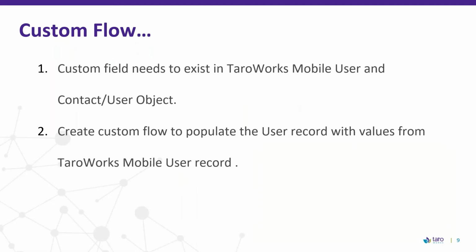We need to create a flow, but the first step is that the custom field needs to exist in the TaroWorks mobile user and also in the related contact or user object. Okay, so again, I've gone ahead and added the team field on the contact object.